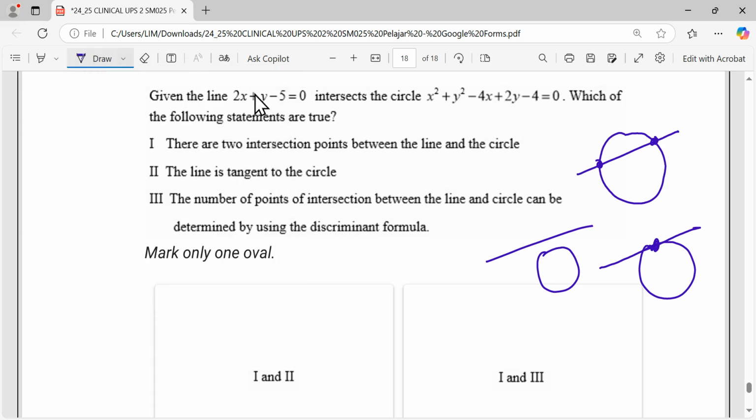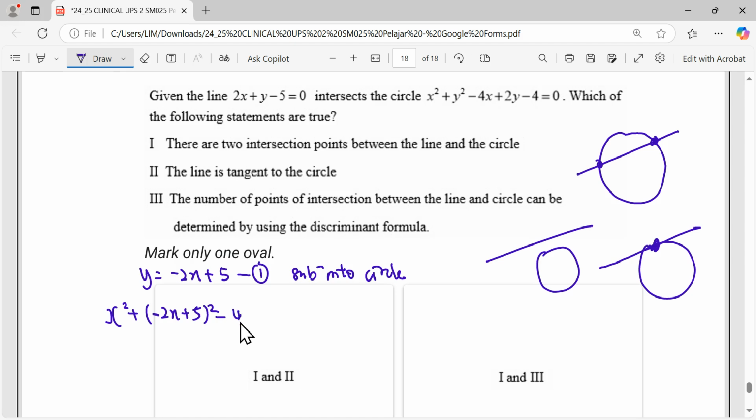So therefore, we try to substitute this line, y equals to negative 2x plus 5. Substitute this one into your equation, into the circle equation. x squared plus y squared plus 2y minus 4 equals to 0.